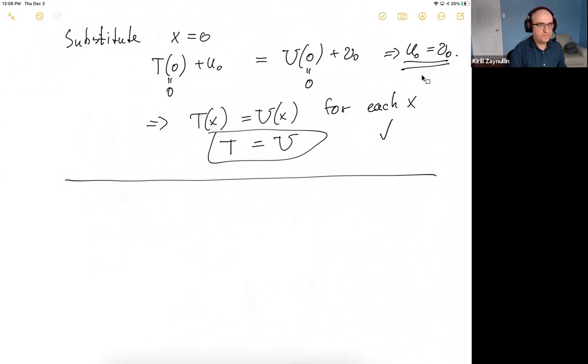Now let me state the following application. Now we would like to describe rigid motions on the plane in R2. So that's the following lemma.